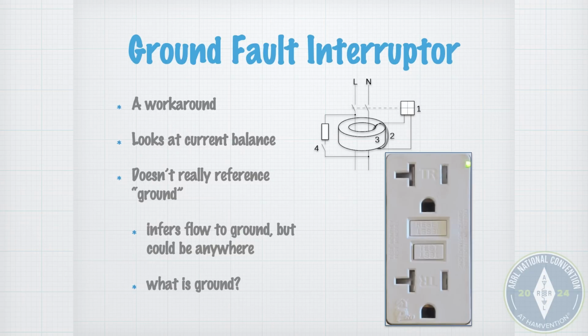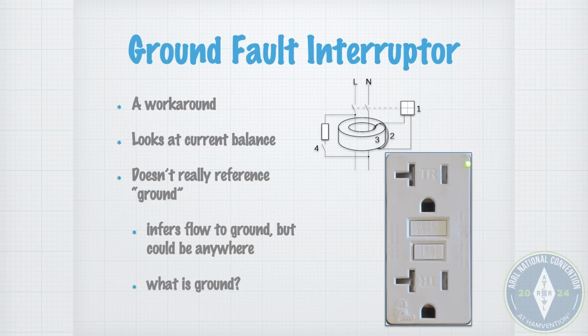Now, you've all heard of ground fault interrupters. You may have one of these in your bathroom or in the kitchen. They're really cool devices, and they say ground right in the name, so it must be referencing that ground, right? Well, not exactly. They're actually clever devices. They have a toroid, and they pass both conductors, the hot and the neutral, through the toroid. If those currents are exactly balanced and matched, there won't be any net magnetic field there.